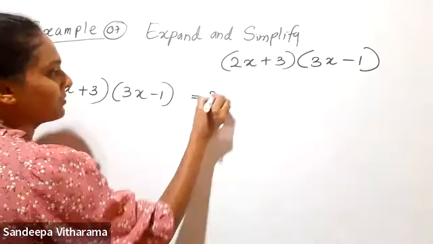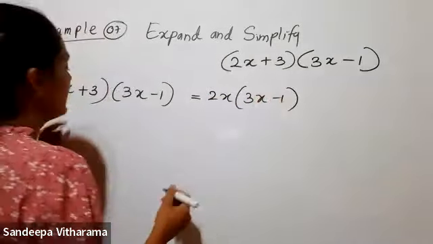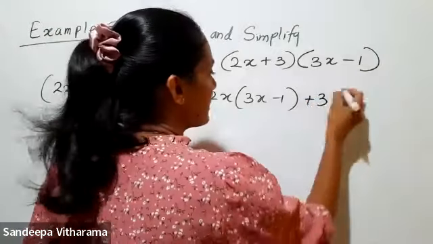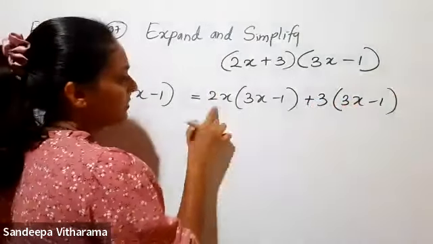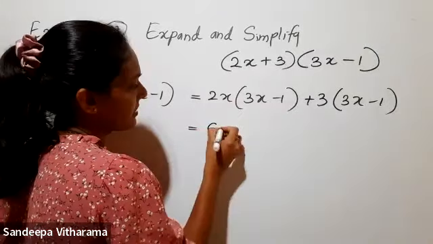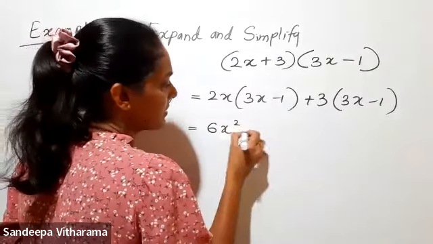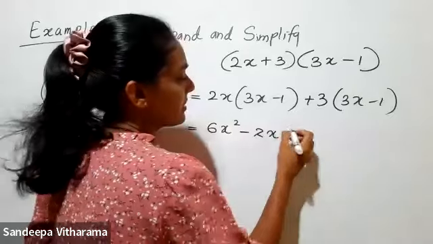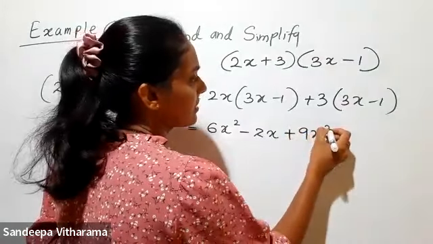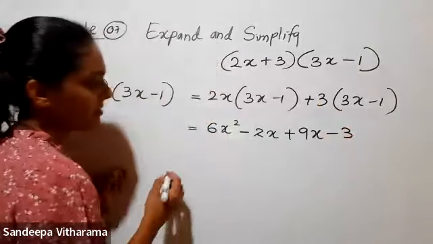Then 2x into 3x minus 1, plus 3 into 3x subtract 1. Then 2x into 3x answer is 6x squared. 2x into minus 1 it is minus 2x. 3 into 3 it is 9x. 3 into minus 1 it is minus 3.